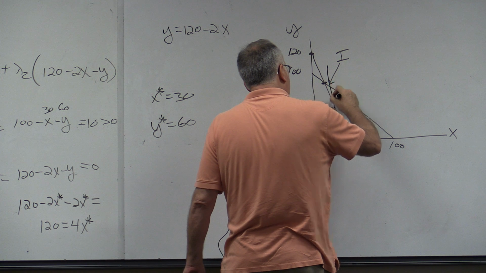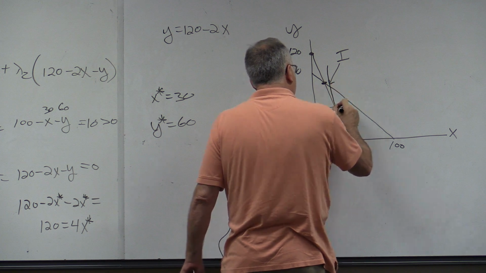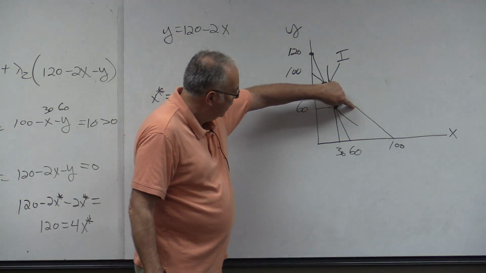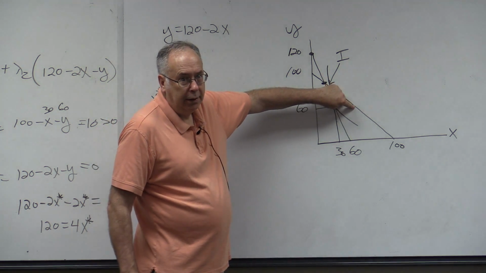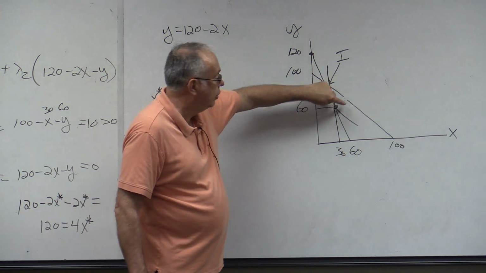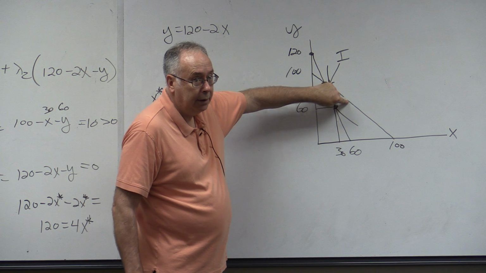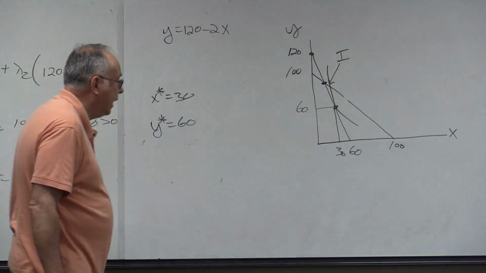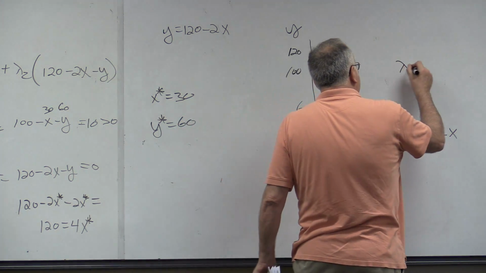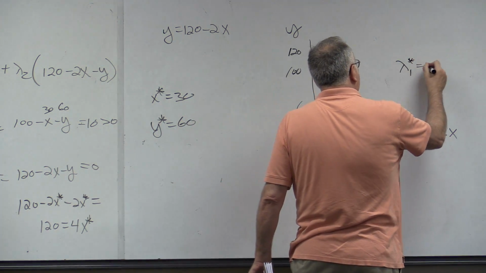So you are inside your income constraint. This line is your income constraint. You are inside it. Means you're not spending all your income. Okay. That's consistent with our solution that lambda 1 star equals 0.